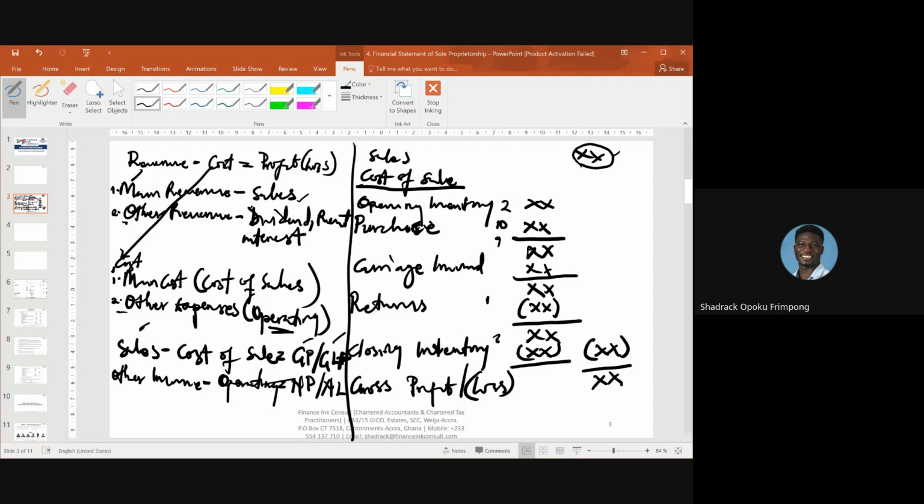So we have to deduct this 3 from this 9 so that we can tell the cost you have incurred to generate this sales revenue. If you deduct this 3 from this 9, it will give you around 6, right? So 6 plus this 2, giving us what? 8. So it means we have sold 8 laptops, and that 8 laptops is giving us this total revenue that we have. Any question?